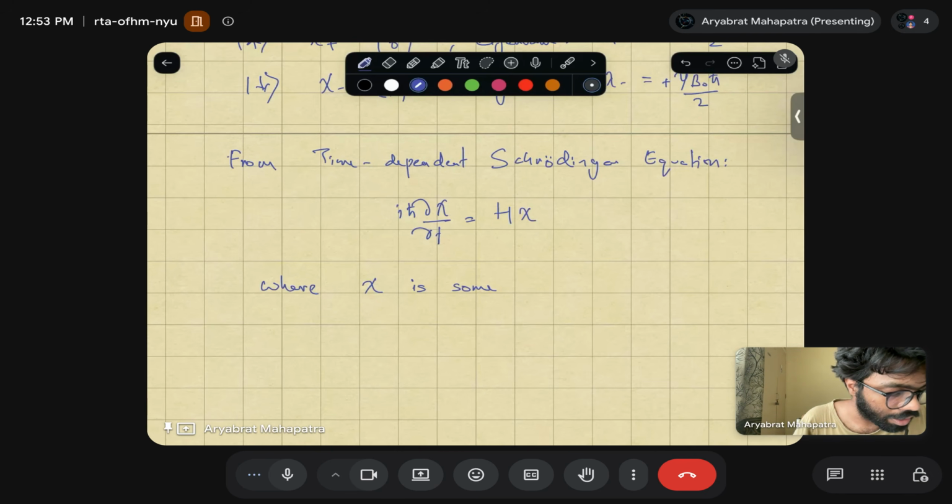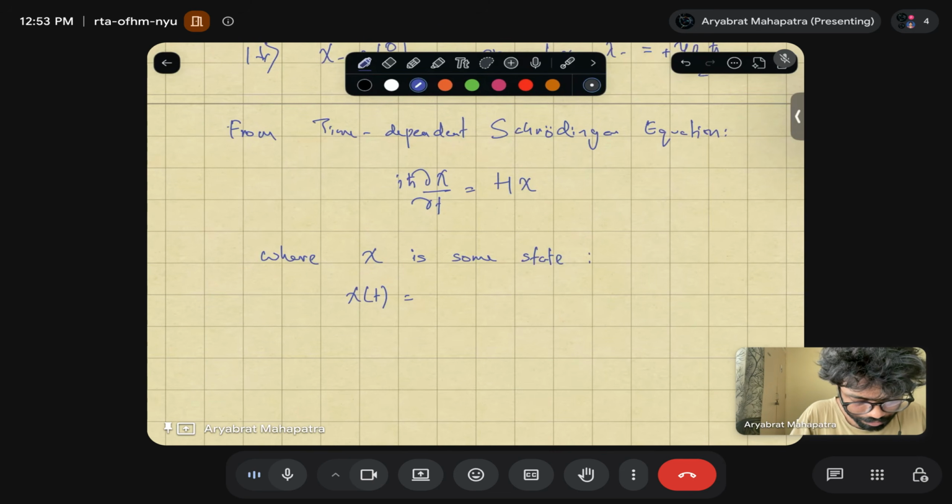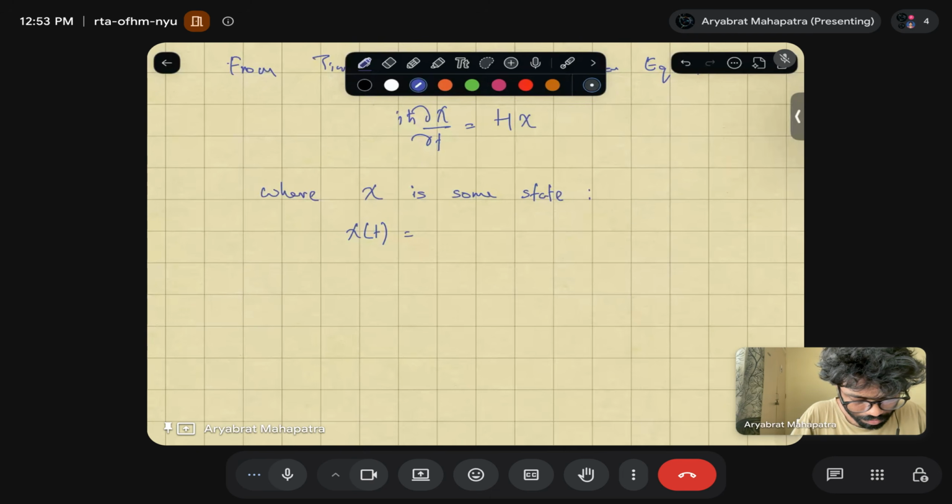So at any point of time t, its state would be a linear combination of this up state and down state, and it will have some coefficients. Let's say the coefficients are a and b.